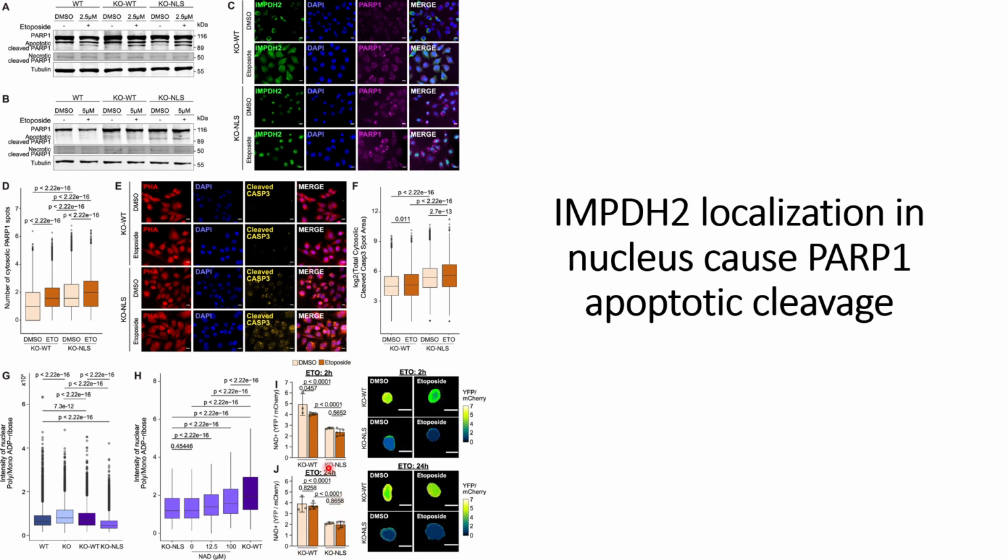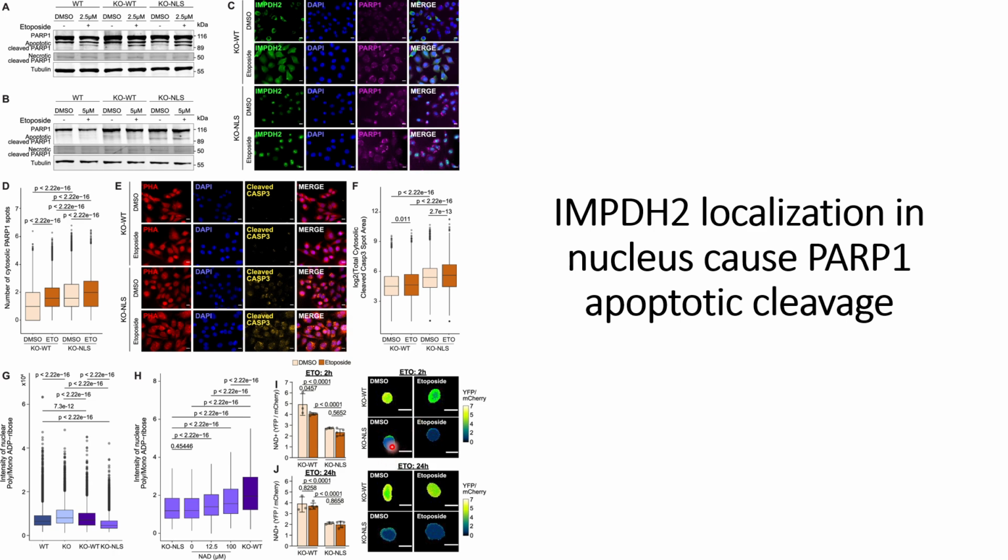These things are shown in the immunofluorescence image on the right hand side, where we can see the signals for NAD plus in the wild type cells without treatment with the adipocytes and with treatment. The same is shown for the knockout NLS.